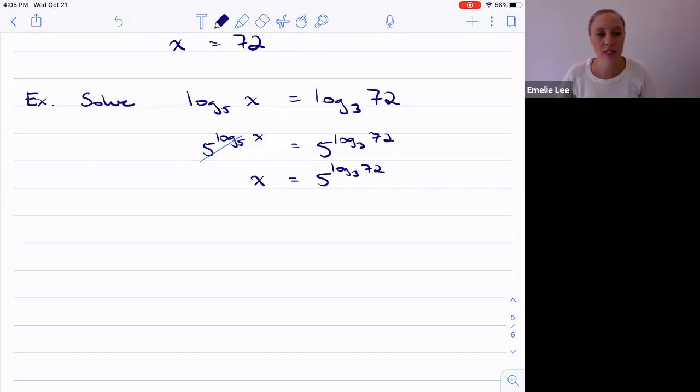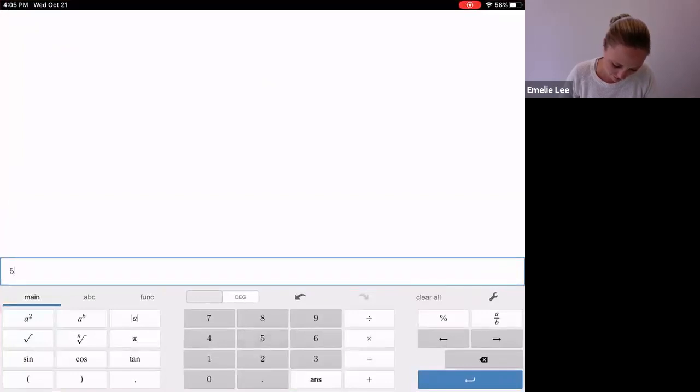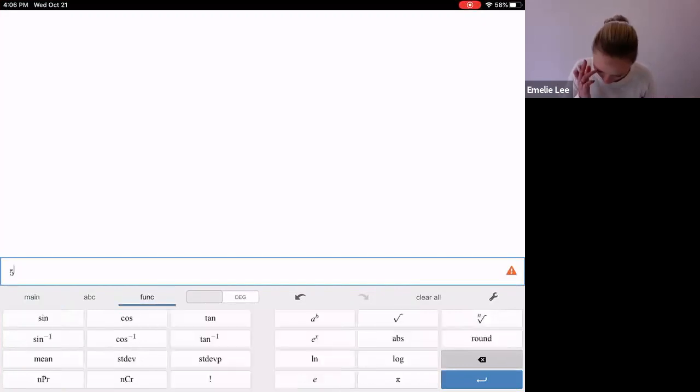You'll want to practice putting something like that into whatever calculator you're using. So let's try in Desmos here. I have 5 to the power of, and I want to make sure that it's all in the power. In my power, I have the log base 3 of 72, which I'm going to have to evaluate because I don't have a log base 3 button.